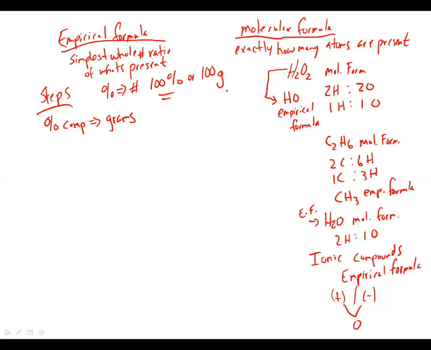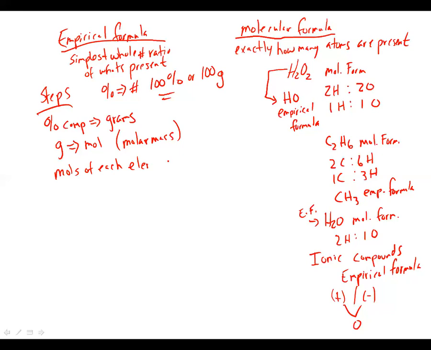If you assume you have 100 grams of something, that essentially turns the percentages into grams using the same numbers. Once you have everything in grams, the next thing you want to do is convert those grams into moles. And again, to do that, like we were just talking about, we use the molar mass. What you're going to get at this point is moles of each element.